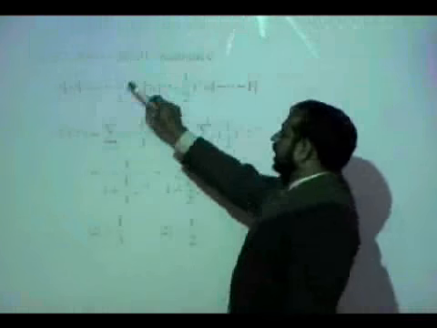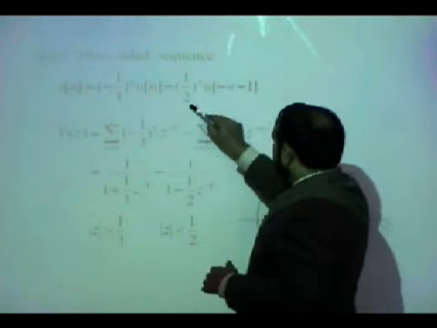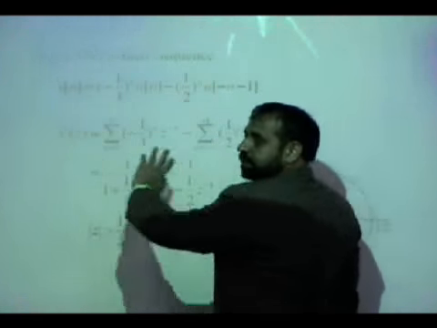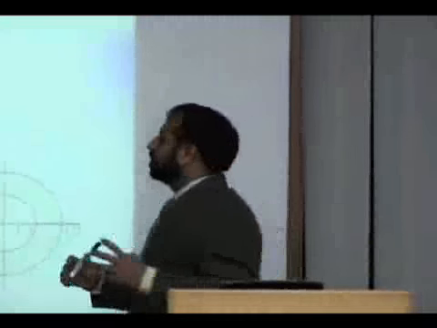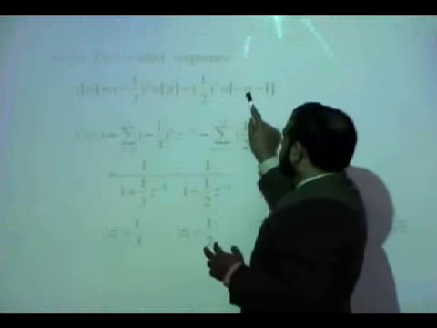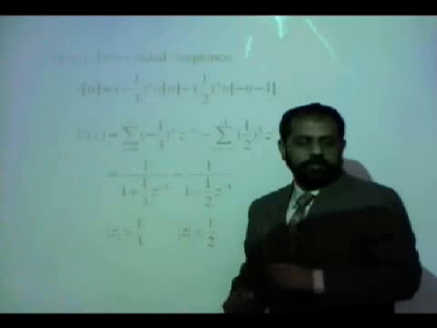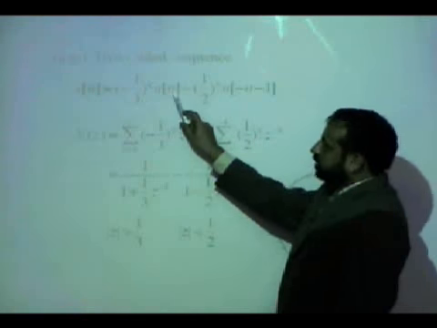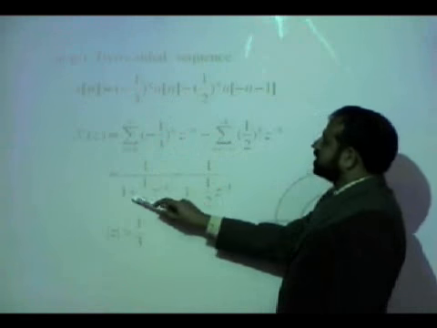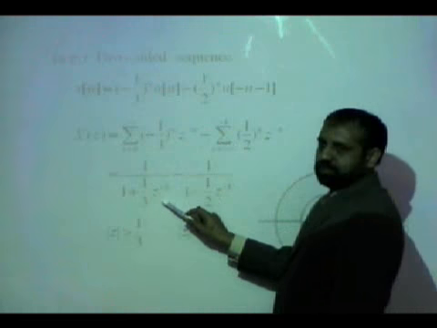Another example: minus 1 over 3 to the n, u[n], is a right hand side sequence. 1 over 2 to the n, u[-n-1], is a left hand side sequence. So you have a combination of two sequences. You compute the Z transform of each and the region of convergence. I know this is a^n u[n], so the Z transform is 1 over 1 minus a Z inverse, where a is minus 1 over 3, so minus minus is plus 1 over 3 Z inverse.